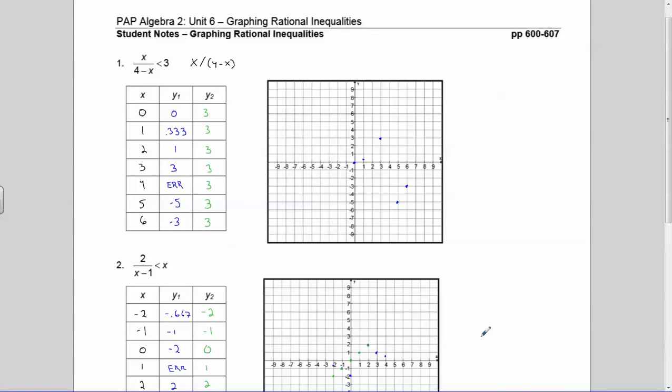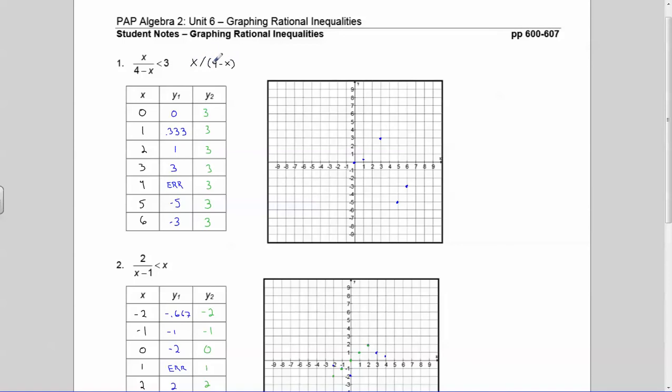You will need your graphing calculator because we need precise graphs to solve these visually using a graph. So make sure you have your calculator and enter the left side of number 1 into y1 and the right side into y2. I want to make a note: when you are entering x divided by 4 minus x into your calculator, you need to put parentheses in the denominator.